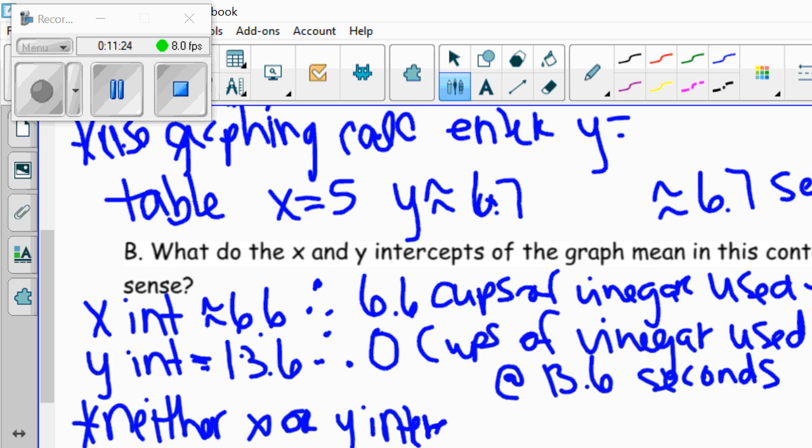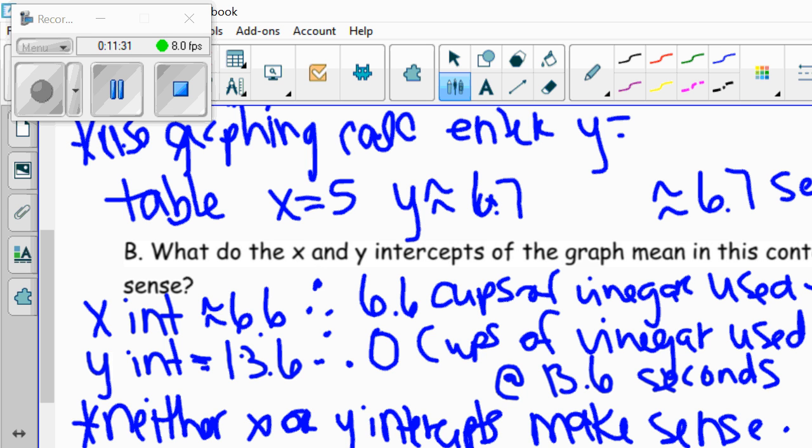And what that means is that, therefore, we would need to limit the domain and range in this model.